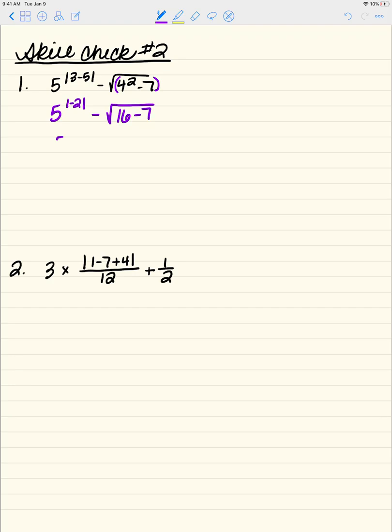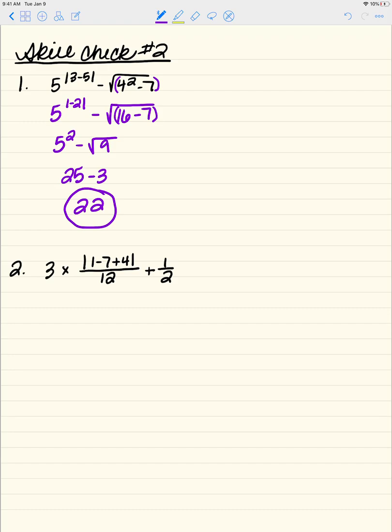Okay, so now I know I'm doing 5 raised to the absolute value of negative 2. So that's going to be 5 squared minus, do what's happening under your radical, because it's as if there's parentheses there. 16 minus 7 is 9. 5 squared is 25. The square root of 9 is 3. 25 minus 3 is 22.